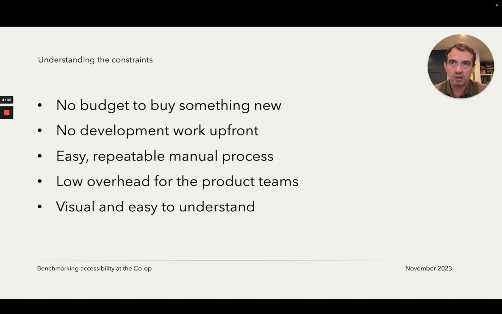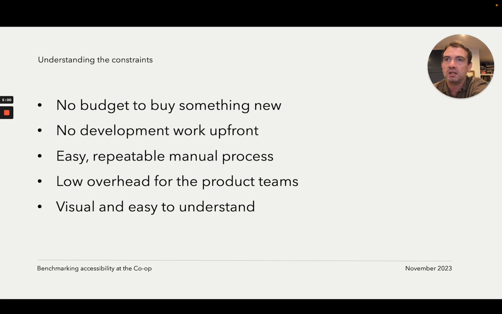So I started talking to a few influential folks at the Co-op, and quickly it transpired that there was essentially no budget to buy anything off the shelves, and there wasn't much engineering time available. So whatever we do is going to have to be built by me.